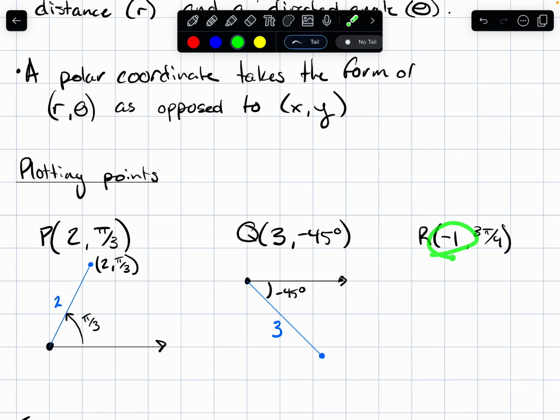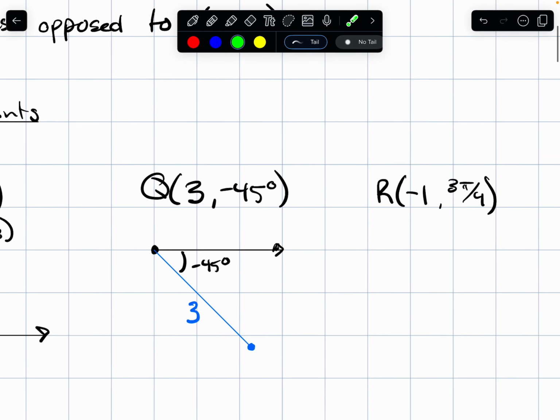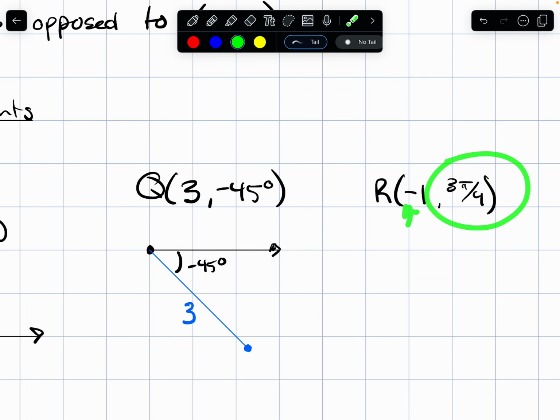Now stuff gets even more weird when I start implementing negative distances. We know that distance can't be negative, but what it basically means is the opposite way. So we're going to start by thinking about where positive 1, 3 pi over 4 is going to end up. I'm going to go ahead and graph that. Once again, this is our initial axis. 3 pi over 4 we know is going this way.